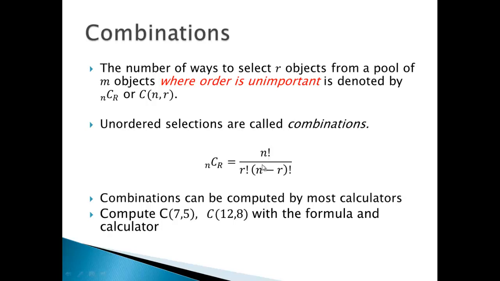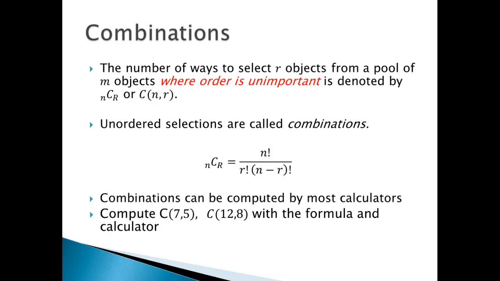nCr is n factorial over n minus r factorial and r factorial. Notice that if we ignored the r factorial, this would be exactly what we have with permutations. It's the number of ways of selecting r objects from n and putting them in order. Now, what we're doing here in dividing by r factorial is that for each of those ordered selections, r things can be arranged in r factorial different ways.